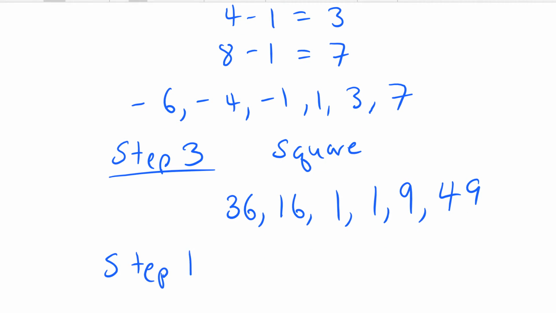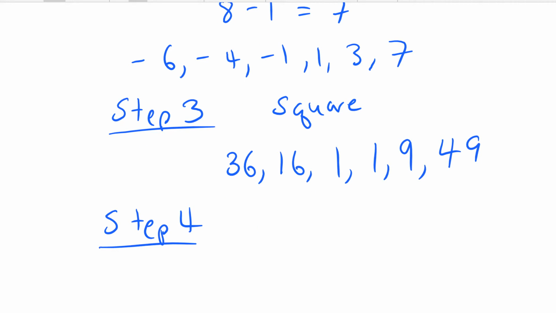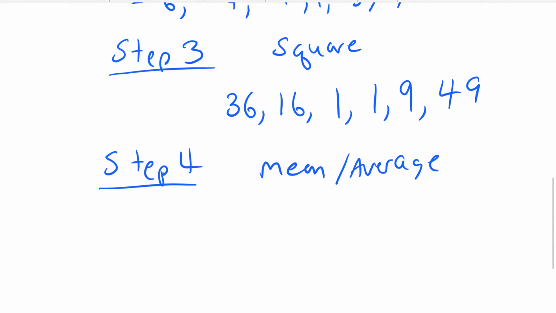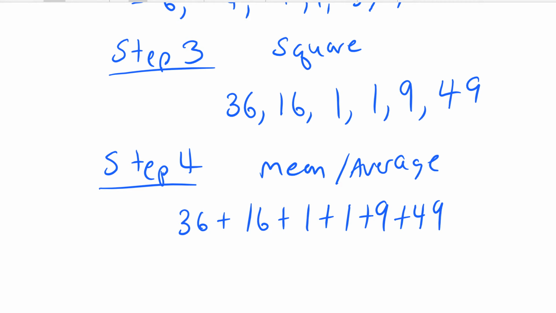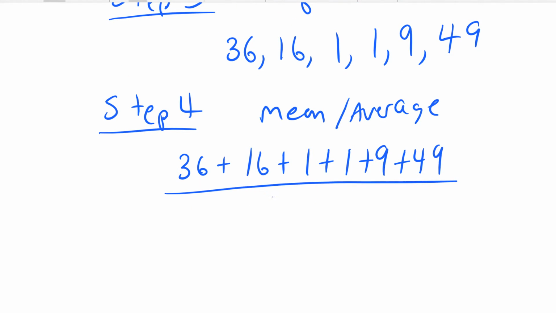Step 4, we find the mean. That is equivalent to finding the average. And we're finding the average of the list of squares. So we take 36 plus 16 plus 1 plus 1 plus 9 plus 49, and we divide by 6.